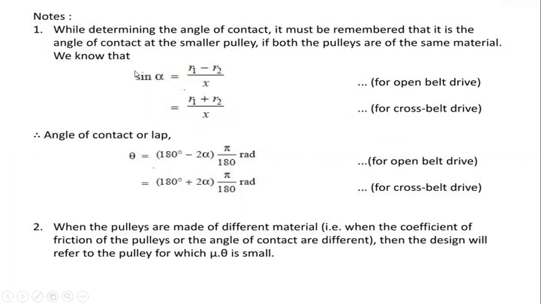Next, while determining the angle of contact, it must be remembered that the angle of contact is taken at the smaller pulley, if both the pulleys are of the same material. We know that sin alpha is equal to R1 minus R2 by x for the open belt drive, and the sign changes to positive for the cross belt drive.